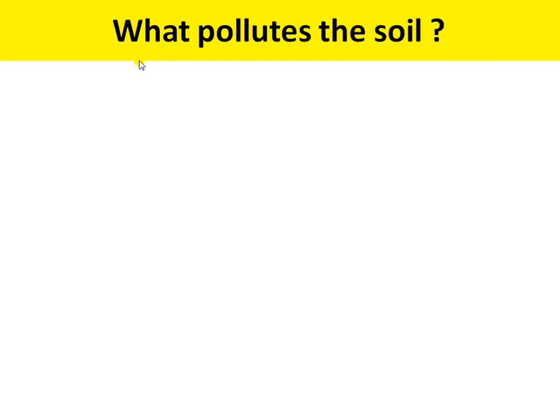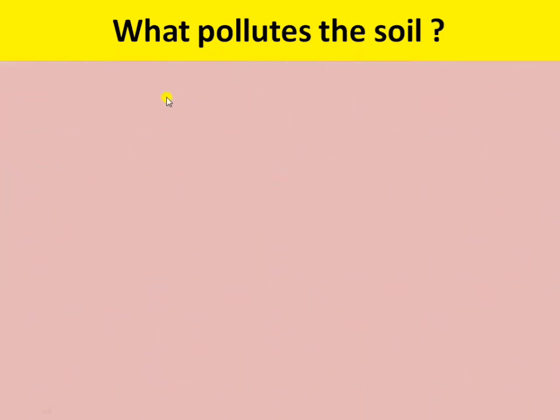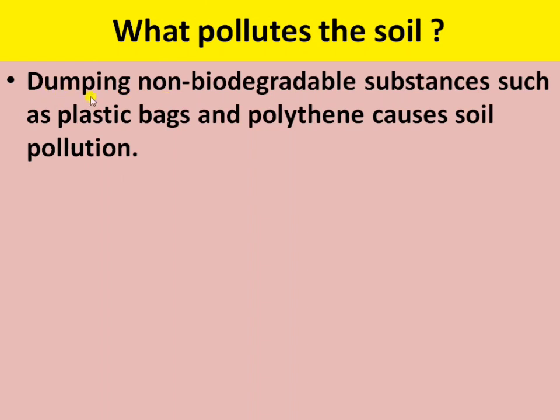Moving on, the next topic is what pollutes the soil. There are several factors that pollute the soil. First is the dumping of non-biodegradable substances such as plastic bags and polythene that cause soil pollution.